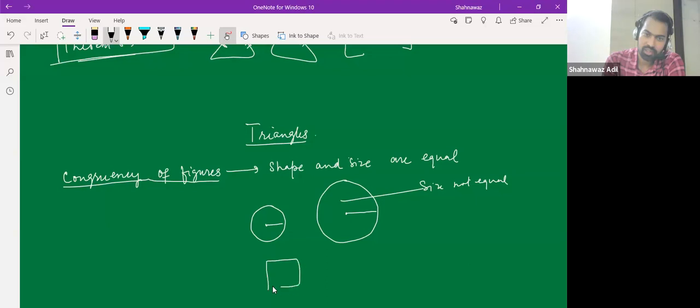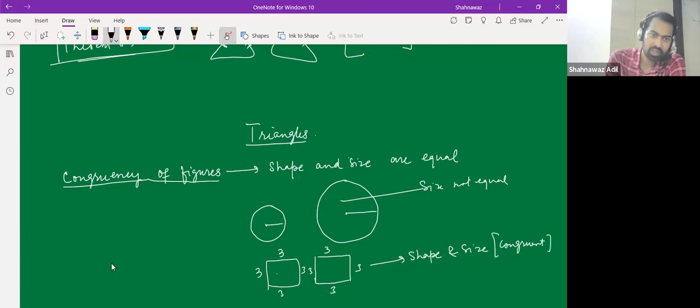Here are two squares. Let's say this is 3 and this is 3. You see that these two figures have the same shape and the same size, so these two figures are congruent. And we have one more figure, this one and this one.